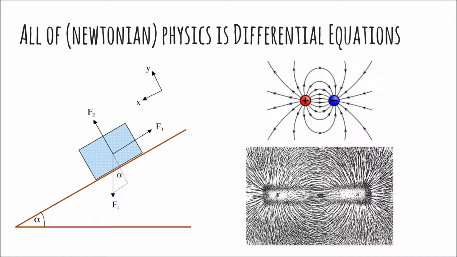Current is the change in charge over time, or the movement of charge over time. Electric fields, magnetic fields, and gravitational fields are all slope fields that explain the force, i.e. the second derivative. It also describes how many ions flow across a membrane when a channel opens, and how likely a channel is to be open is also a differential equation.